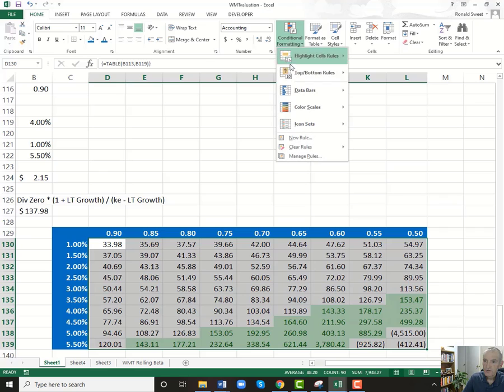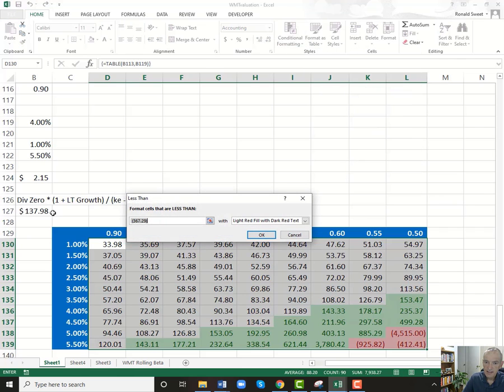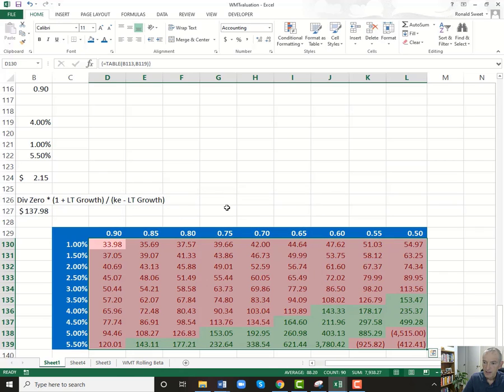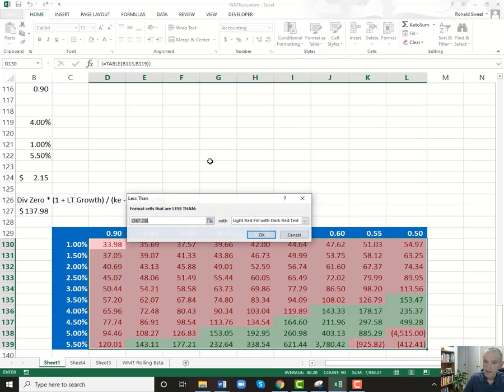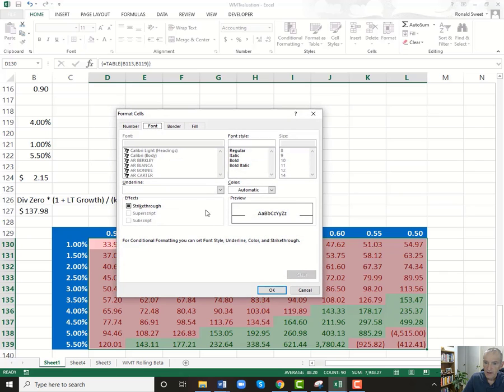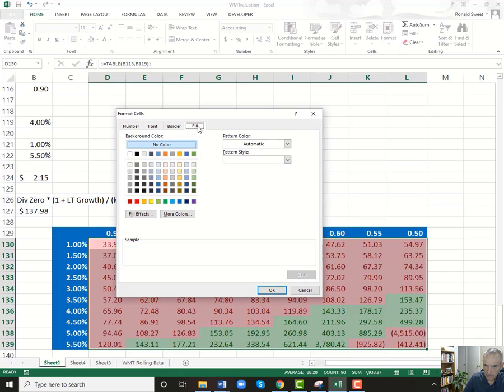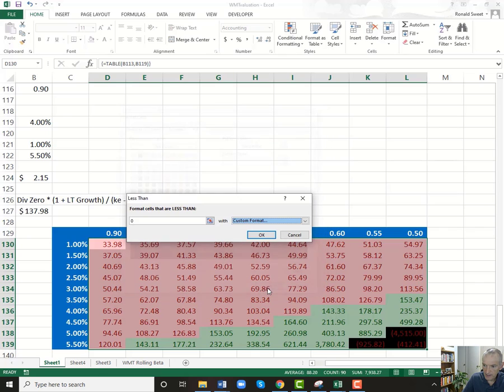We'll do another conditional formatting when it's less than the current price. That's when we want red. And then the last one we want to do conditional formatting. If it's less than 0, here we want to do a custom format where we want to use a fill that is black. We just want to completely black it out.